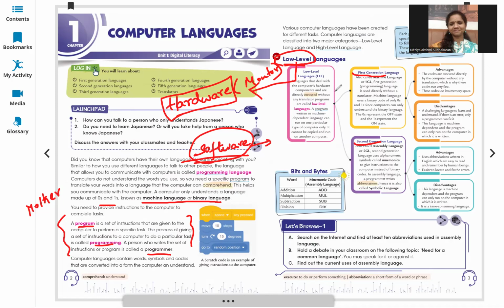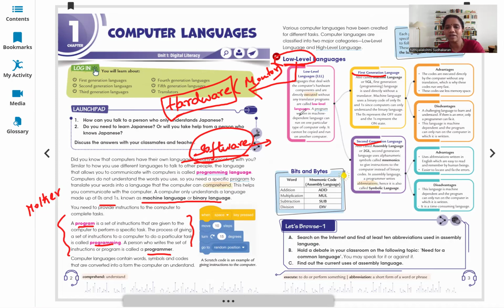If someone communicates to you in Japanese, you will not understand unless you are aware of that language. So you can go to Google Translator, or some apps which can tell us in our own language what that person is trying to convey. That's the role of the translator.